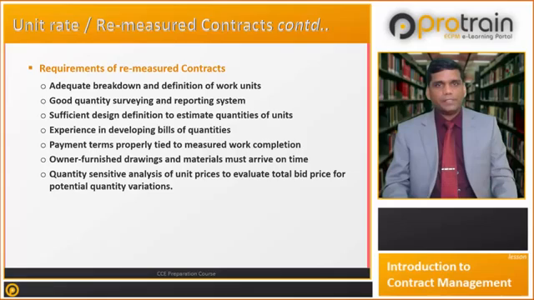It requires experience in developing bill of quantities, and payment terms should be properly tied to measured work completion. Owner furnished drawings and materials must arrive on time. Quantity sensitive analysis of unit price to evaluate total bid price for potential quantity variation should be performed.